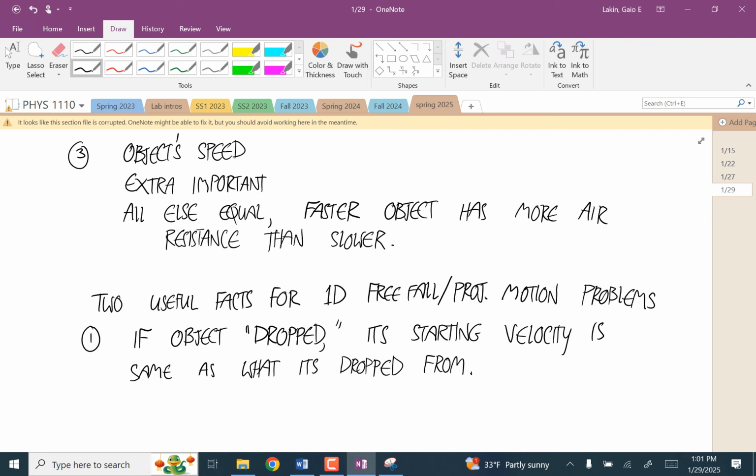Okay, so on the other hand, if something is dropped from a bridge or a building or whatever, good bridges don't have any velocity. That's one of the key qualifications for being a good bridge. So at the instant you let go, the velocity is zero. It's at rest.